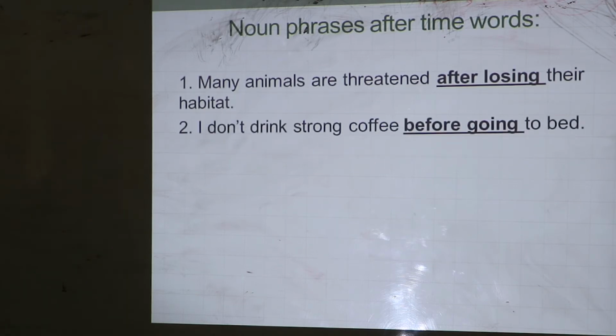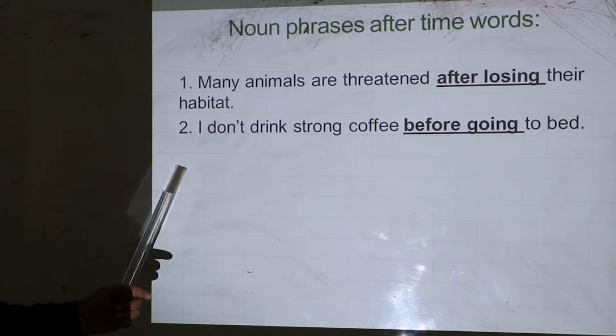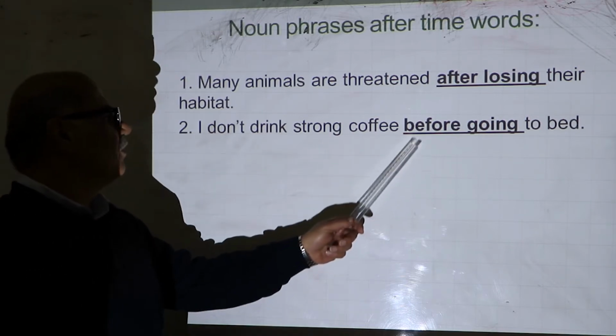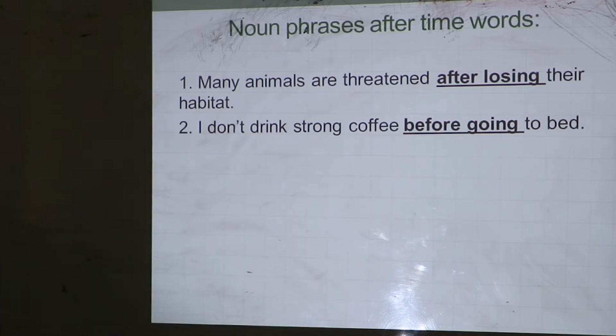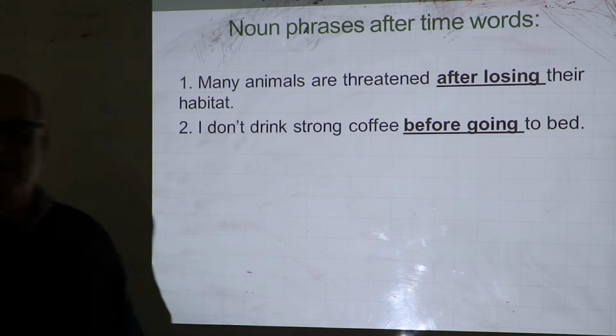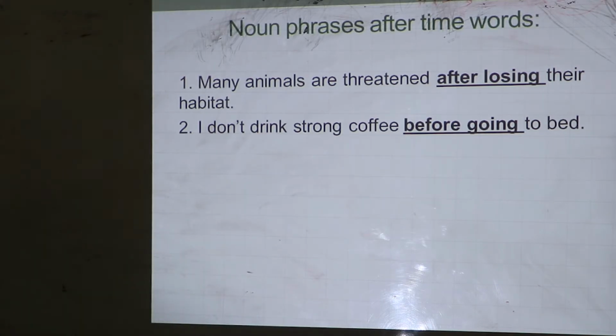Look at the second sentence. I don't drink strong coffee before going to bed. What is the time word here? The time word is before, and it is followed by the ing form, going. Go plus ing, going. So I don't drink strong coffee before going to bed.